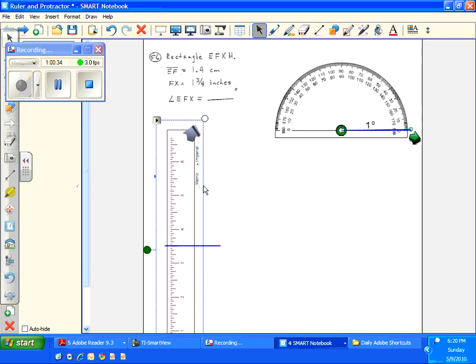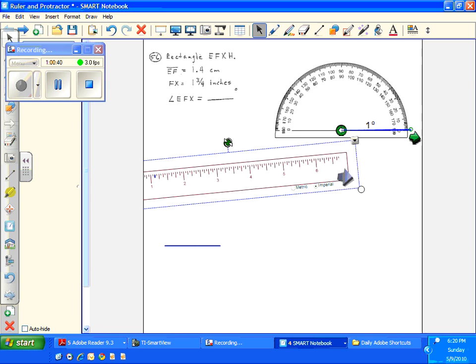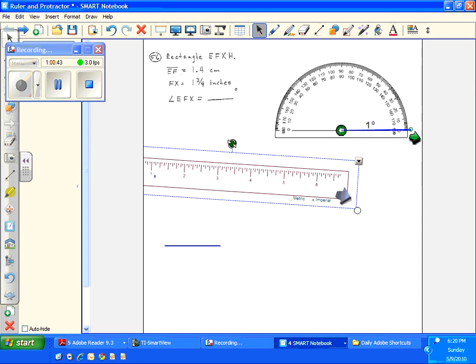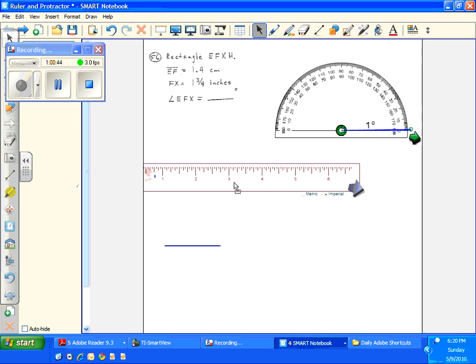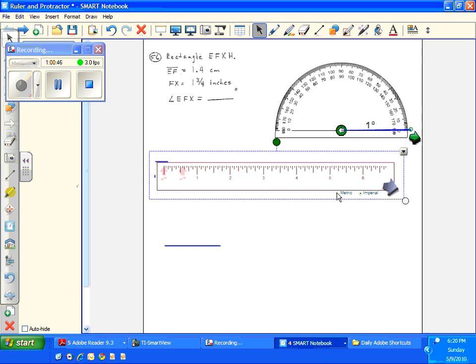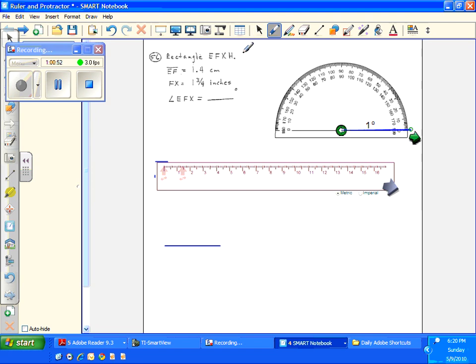But the main reason I wanted to show you this, I wanted to show you on the ruler that 1/4 of an inch. Let's go back and make this metric so I can talk about that just a second on a ruler that you can see. It says 1.4 centimeters. Let's talk about that. These guys right here are centi. It's not letting me write on the ruler itself.